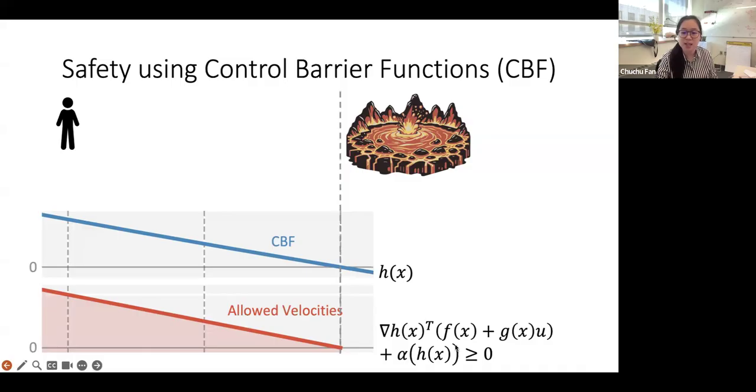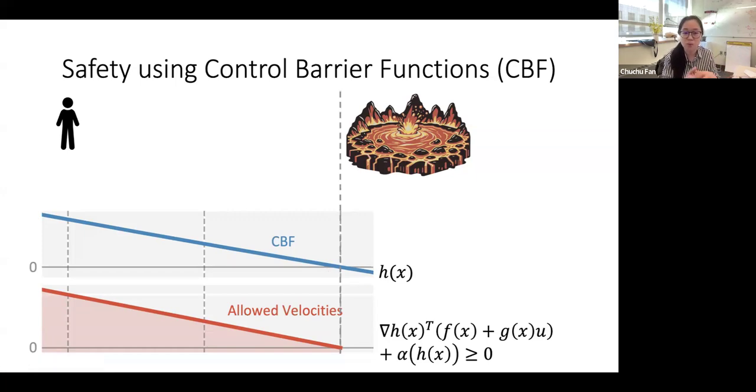And the way to find this controller is by solving this last equation on the right bottom corner here. What it says is that I want to make sure that the derivative of h is positive at this line. When the system is safe, h is positive.